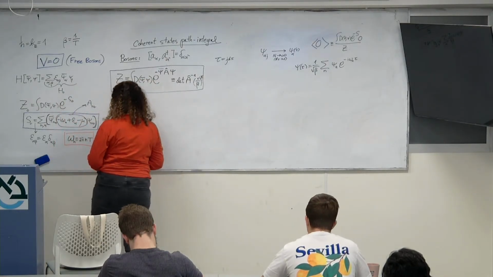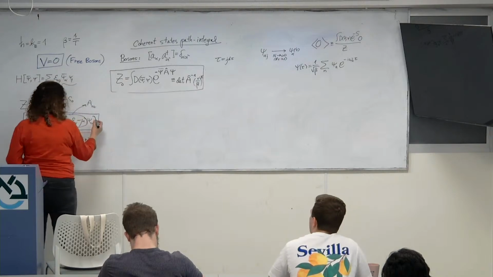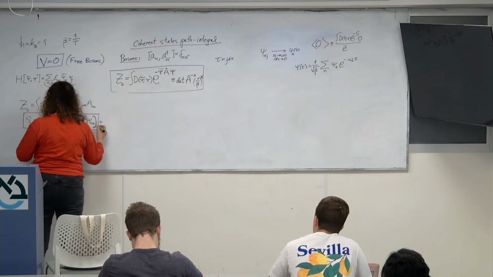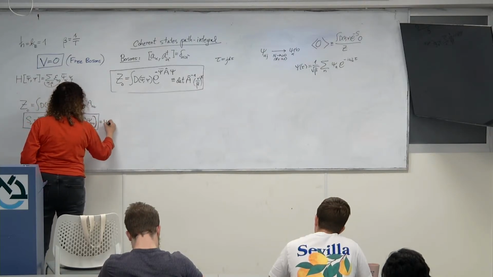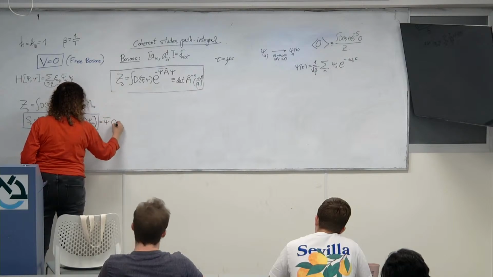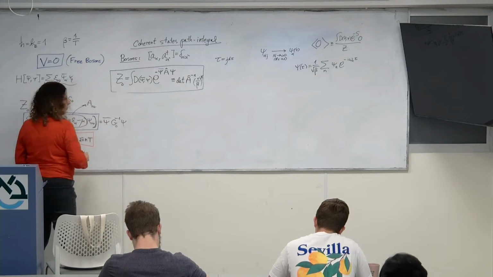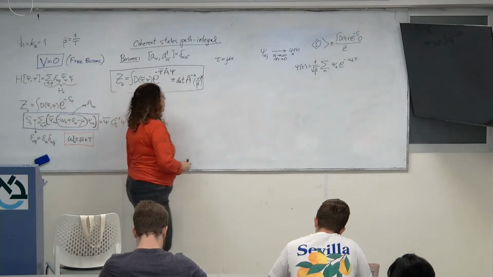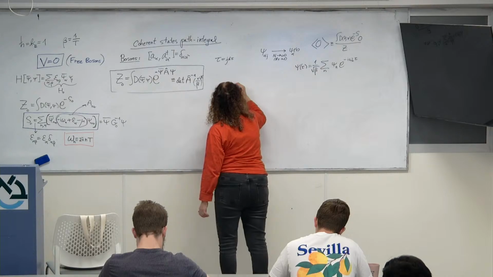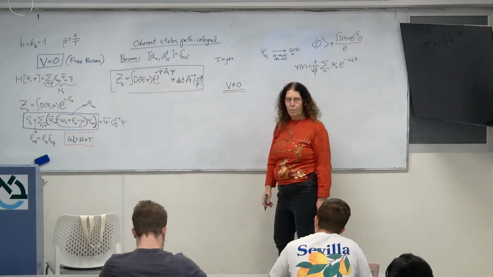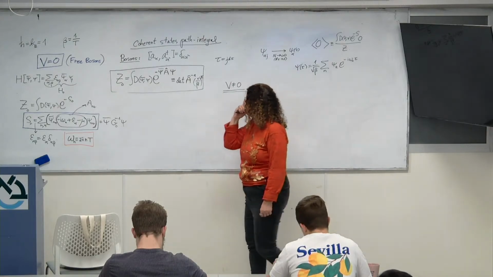Let me write down that this form is schematically written as follows. Now what happens with non-zero interactions? Let's look at the interaction term in the action.